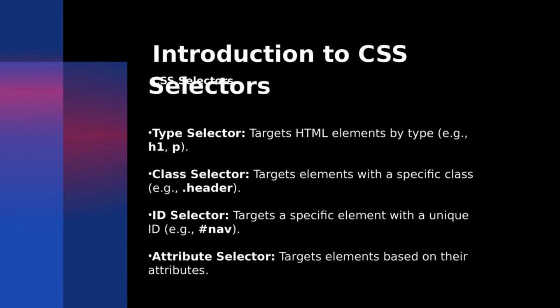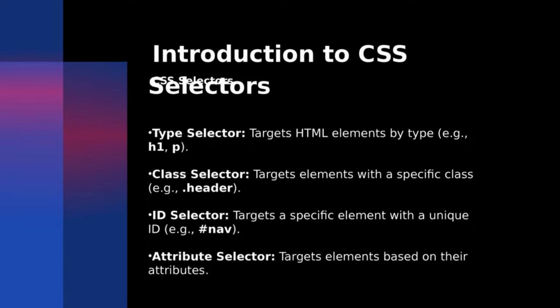So we looked at the tag selector yesterday, and that is the first one that you see on top of this note here. It basically just targets HTML elements. Selectors are used to target HTML elements. You can target using the tag itself, like H1 or the paragraph tag that we have used a lot in this class.